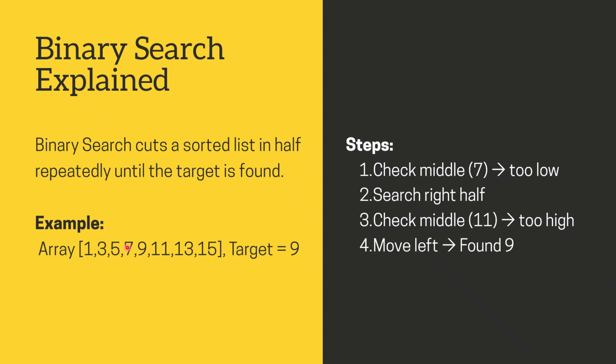Since 9 is greater than 7, it's going to ignore the left half. Then the next middle is going to be 11. Since 9 is smaller than 11, it's going to ignore the right half. And then what's left is 9. Found it. It's like searching a dictionary. You don't check every word in a dictionary. You jump around until you find the right section.